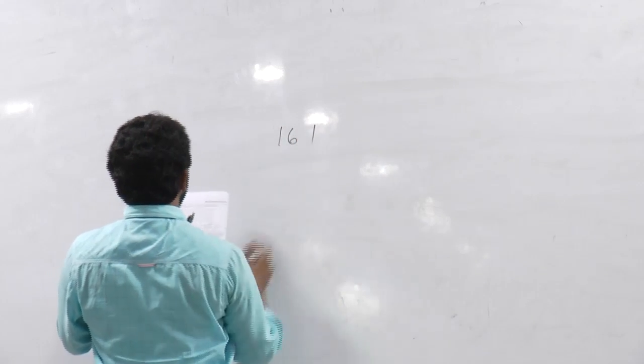Wait. D and E together 2 20s. F 20, G 20. So you have comfortably 7 20s. 140. Tens places are over. Units place. 5, 9, 17, 21. 140, 21, 161.